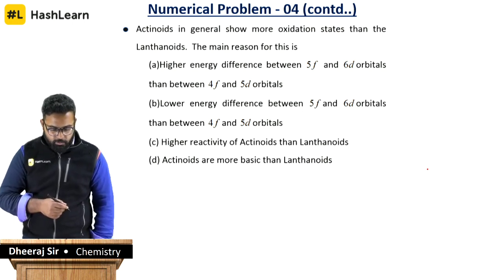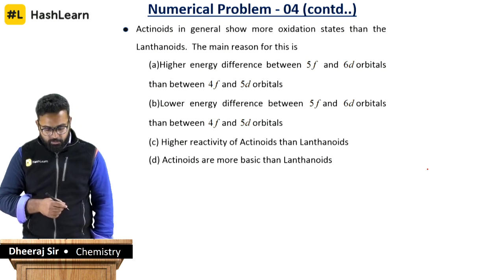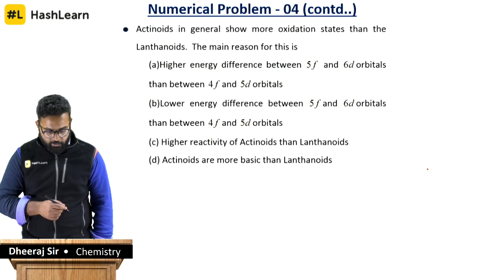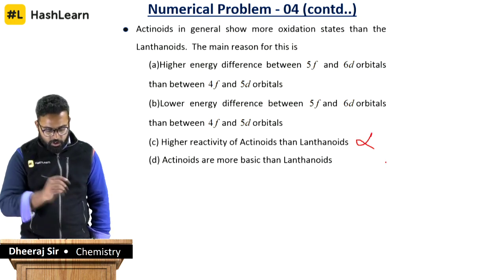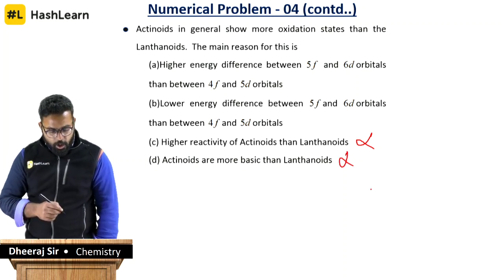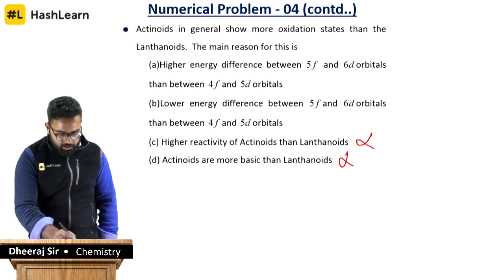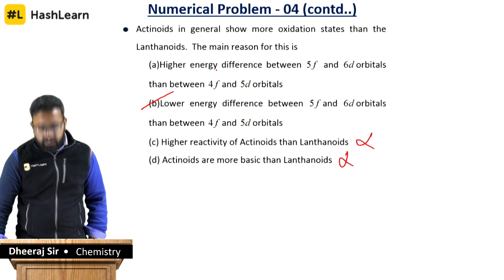Higher energy difference between 5f and 6d orbitals, lower energy difference between 5f and 6d, higher reactivity of actinoids than lanthanoids, which is definitely not in the picture. Actinoids are more basic than lanthanoids, which is definitely not in the picture. So it's pretty straightforward: lower energy difference between 5f and 6d.